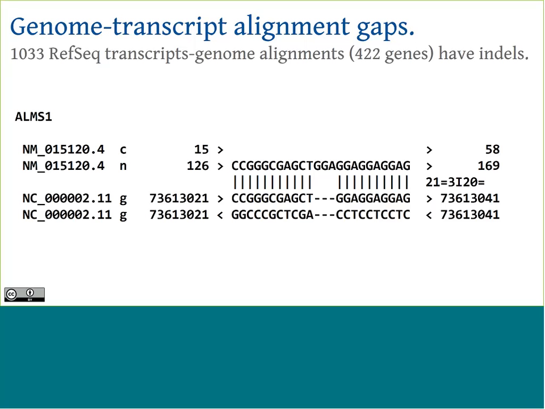There's a poly G track with 7 Gs, and there should only be 6, and that obviously throws the ORF out of frame. So that kind of problem really wreaks havoc when you try to project variants between the sequences.